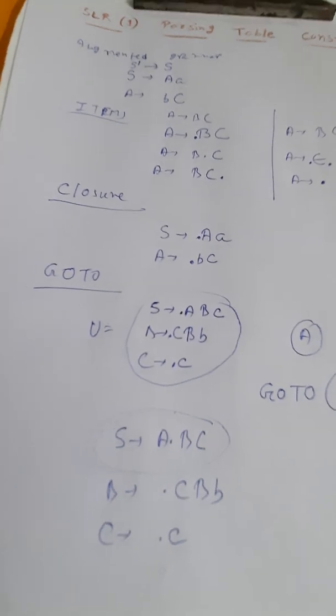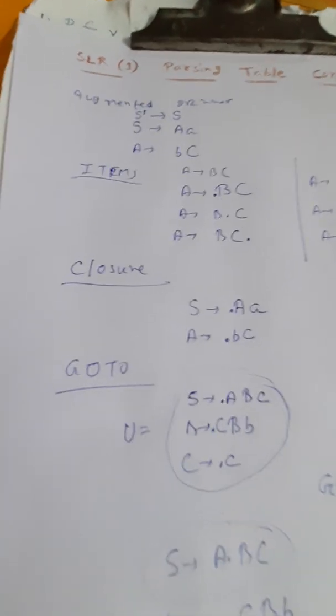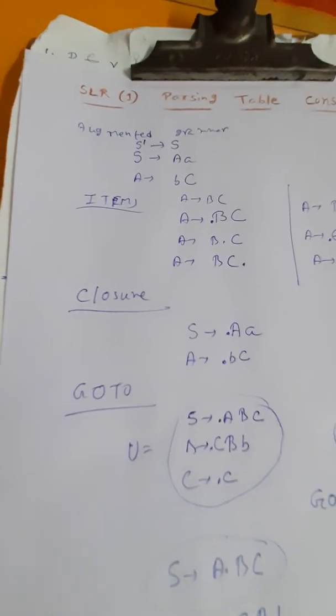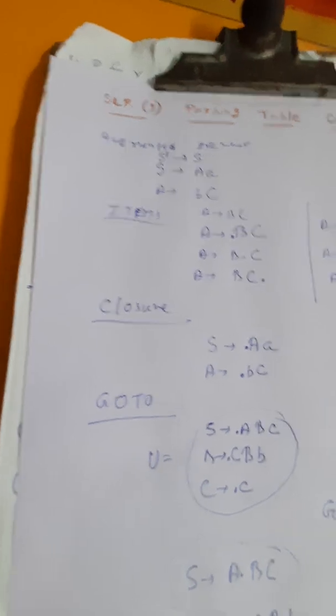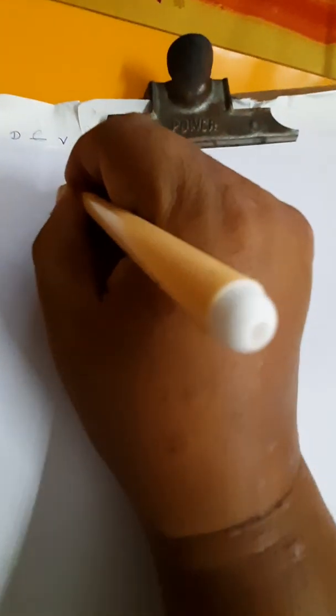So with this preliminary concept, augmented grammar, items, closure and goto, now we are in a position to find the SLR parsing table. So how can we do that? First of all, let us consider a grammar.